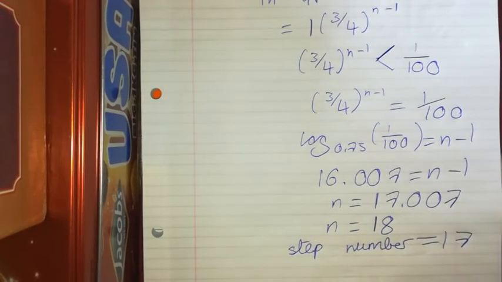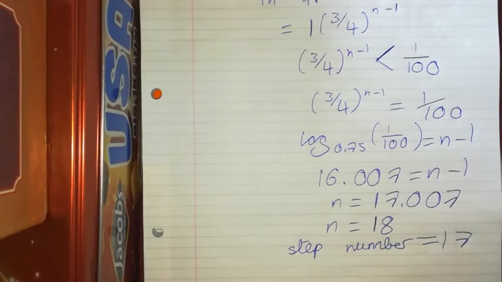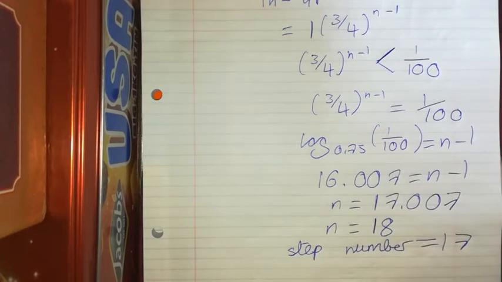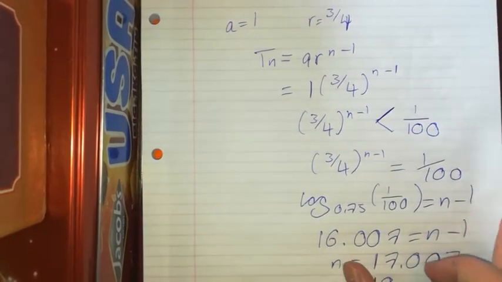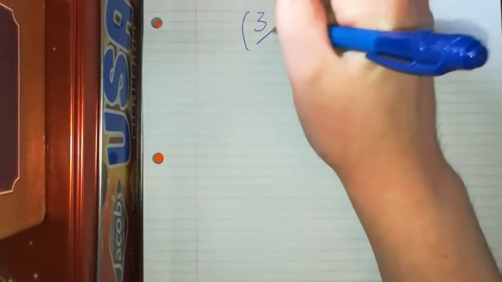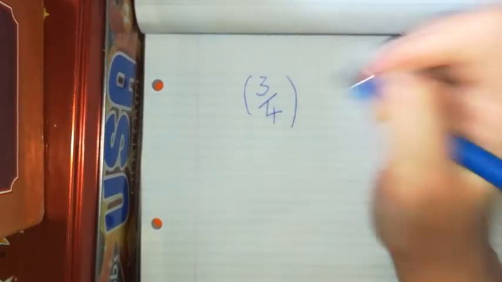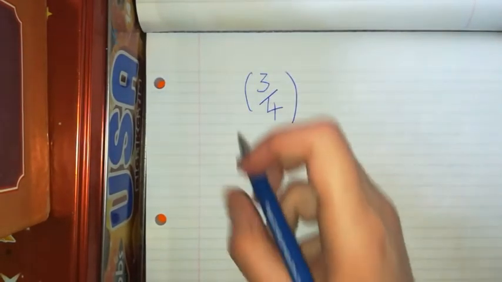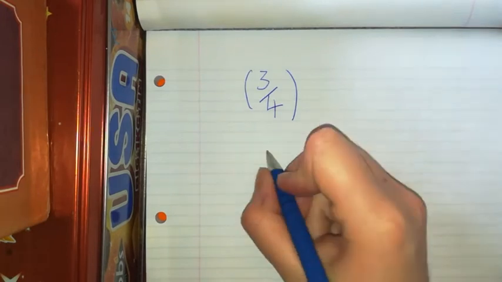And then what fraction of the original triangle remains after an infinite number of steps of the pattern? So after an infinite number of steps, we can see that the fraction of the triangle remaining is 3 over 4 to the power of n.